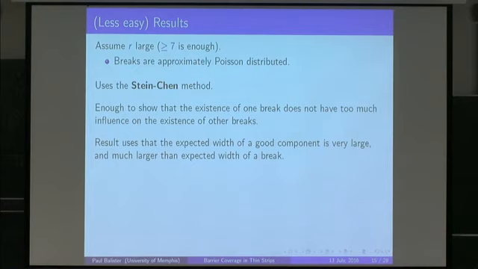The key feature is that the existence of one break, because it's followed by a huge good component with very high probability, means the next break is essentially independent of it. It's so far away that it doesn't involve any of the same area or any of the same vertices.